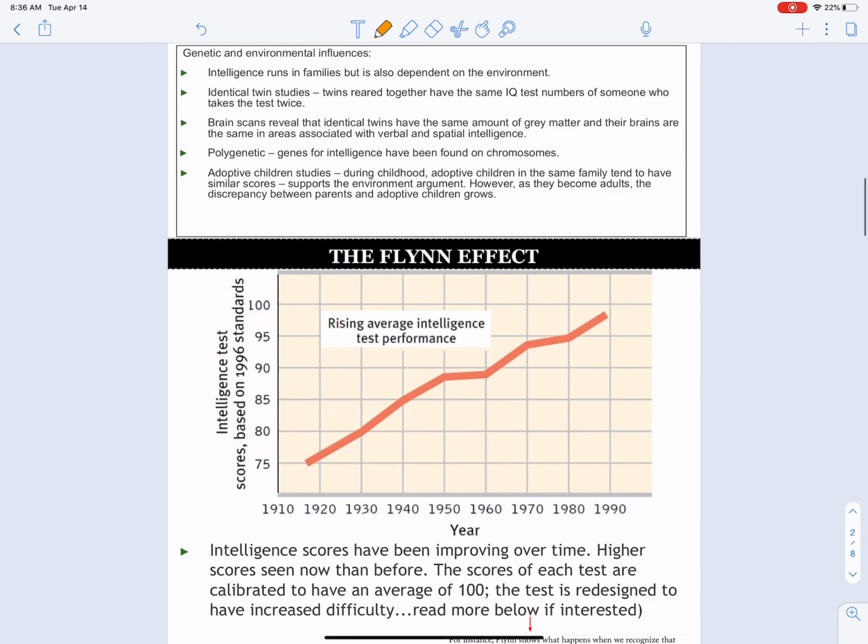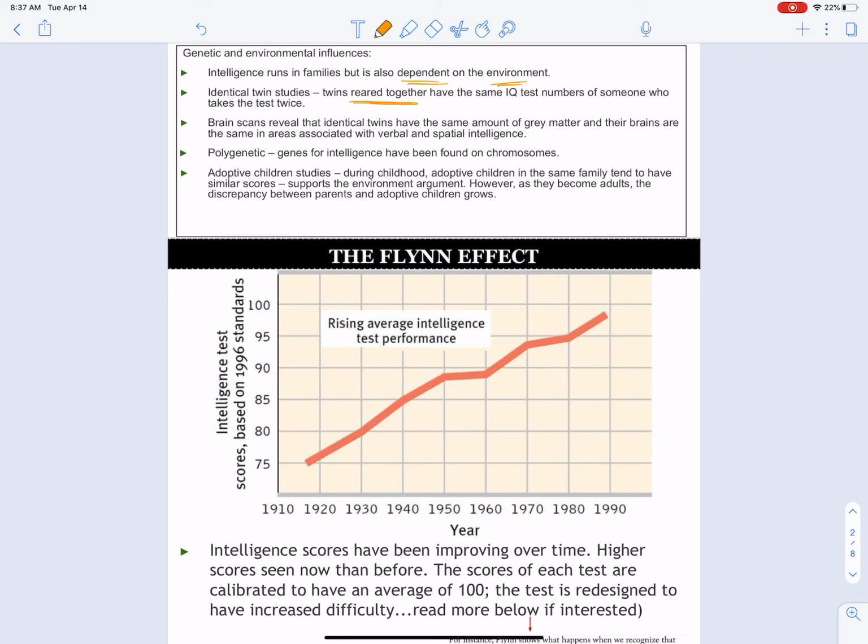Okay, genetic and environmental influences on intelligence. We know that intelligence runs in families, but it is also dependent on the environment. Okay, so we can see that in identical twin studies, twins that were reared together, that means raised together, have the same IQ test scores as someone who takes the test twice.